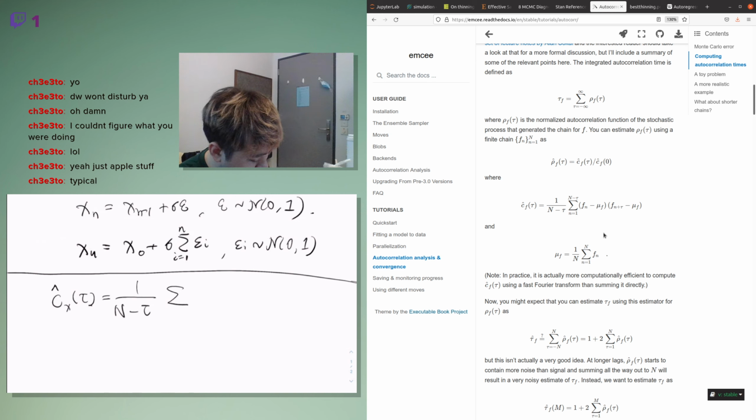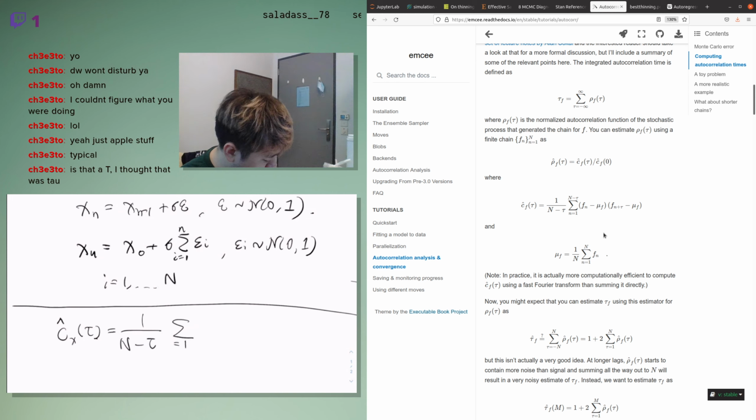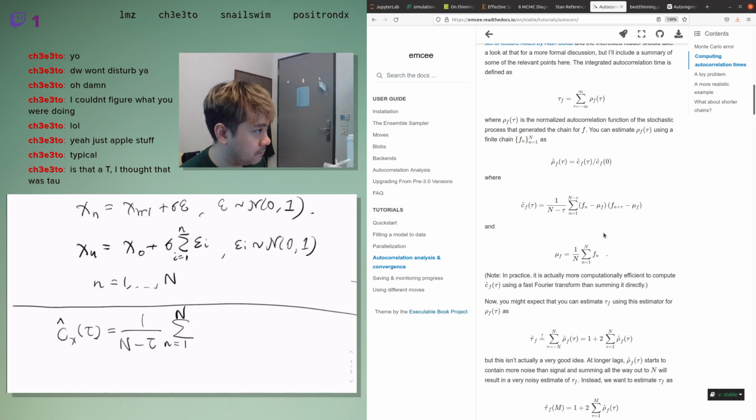Let's assume i goes from 1 to big N, and then here we'll have i equals 1 to big N. Sorry, I should use some big N. So this is N, oh no, this is minus tau. So this will be mu_f.